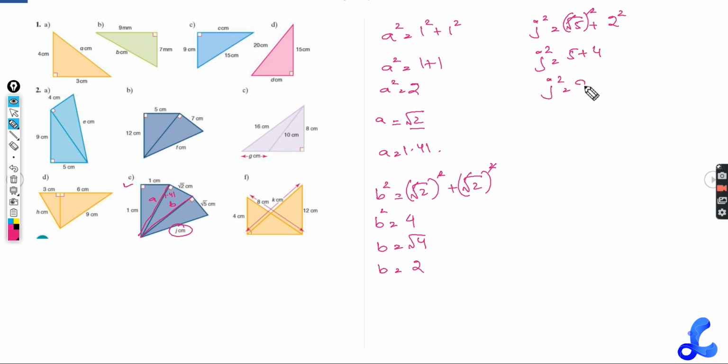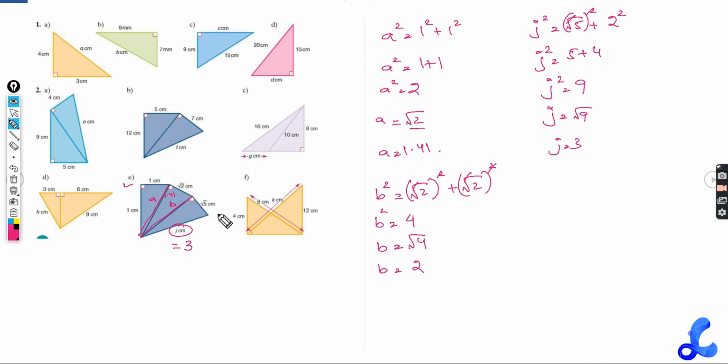So j square is 9 and j equals root 9, which gives you 3. So over here j is equal to 3. Notice b over here was 2, a over here was root 2, so j is the longest side, which means our answer is correct. Right?